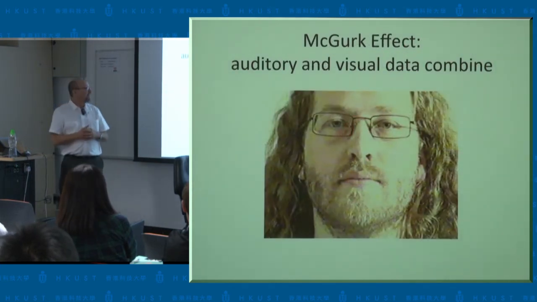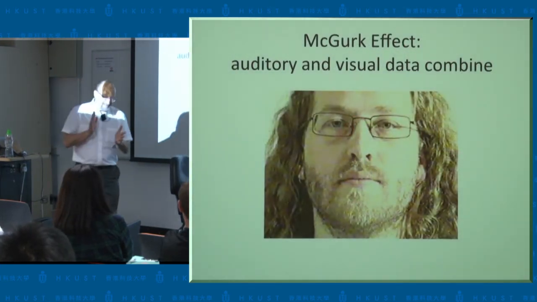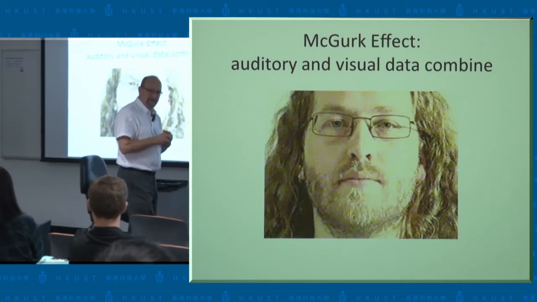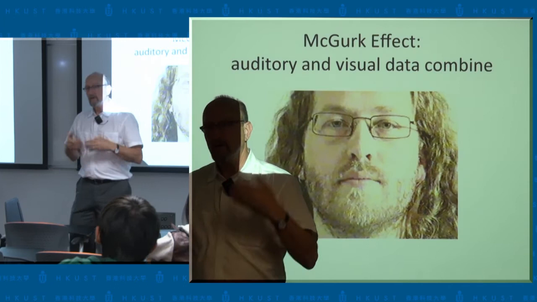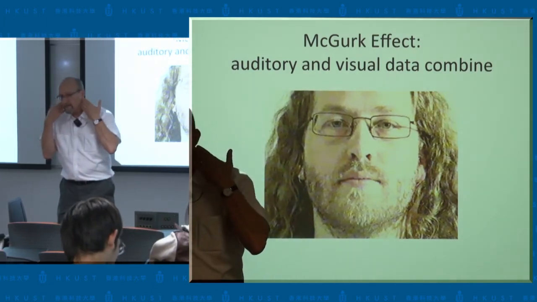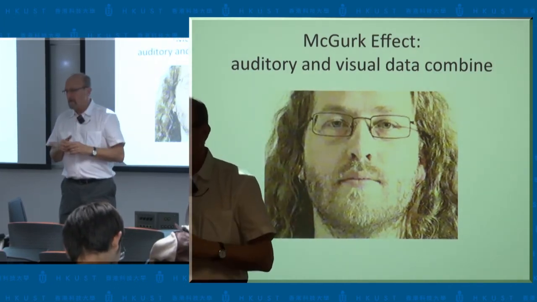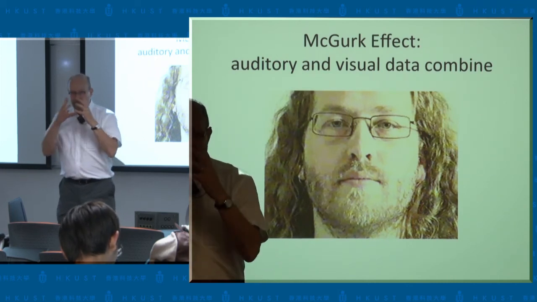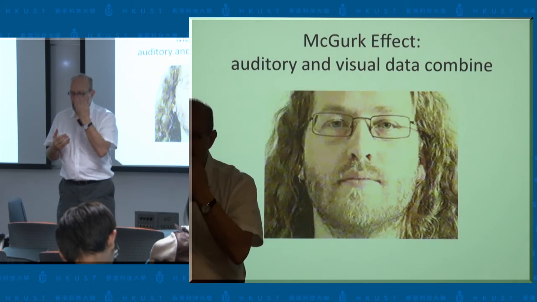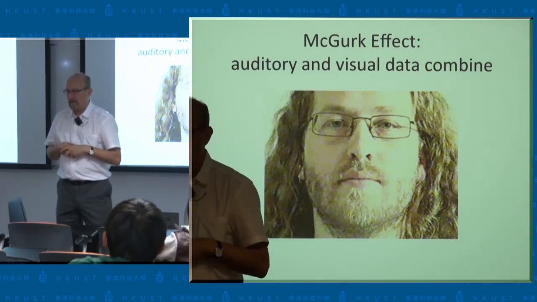Okay. This is going to be interesting. Some people who cannot hear at all learn to read lips. That is, there's something about how your face moves that you can interpret that word.